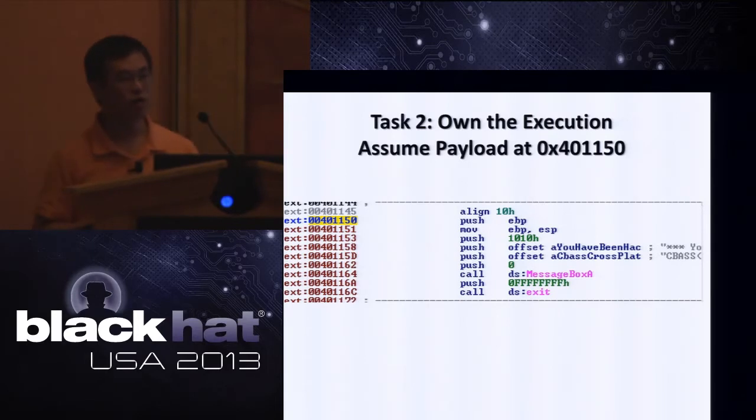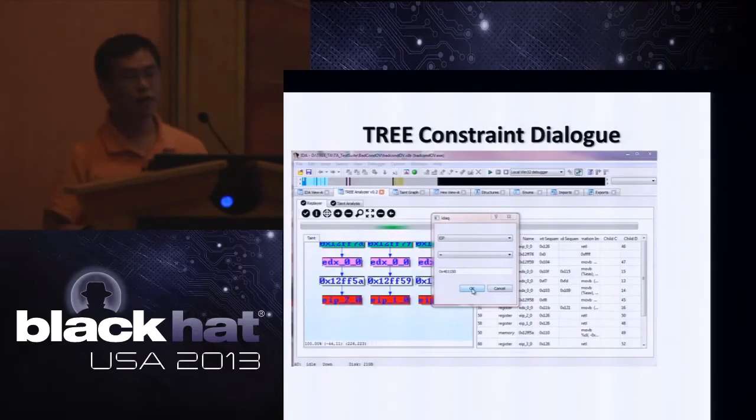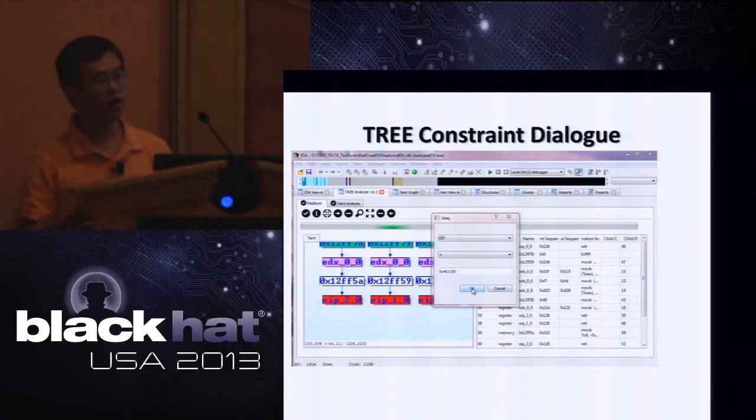For demonstration purposes here, we just put a piece of payload that pops up a message box and shows a quick message. So we designed a simple constraint dialog which allows you to describe what target you want to constrain on, the operators, and the values you want it to be.